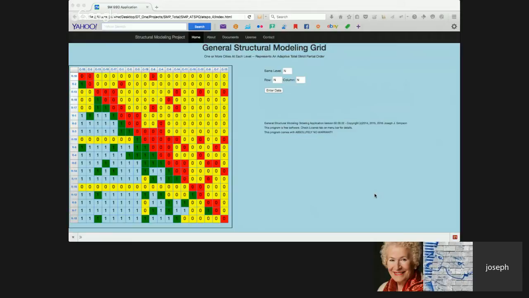Then you use the move city data to go through and move all of the green ones or blue ones from the upper triangular to the lower triangular. And when you have all of the ones in the lower triangular, you click the button done moving city data. That makes sense?